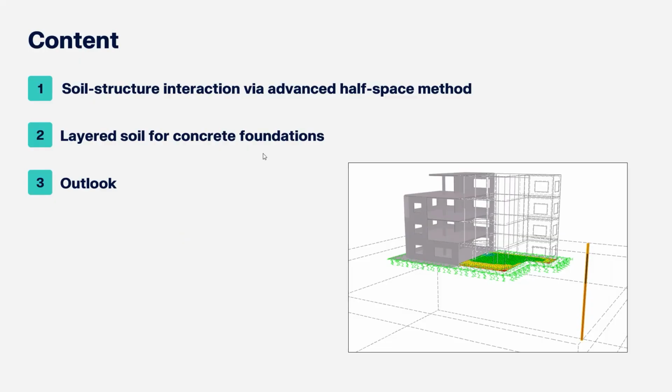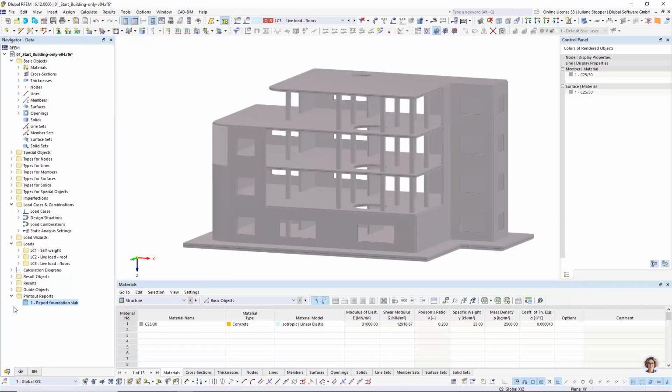Okay, then that's it for the content, and now I would like to go directly to RFEM 6, to our program. Here we can see the building that is prepared for our model today.